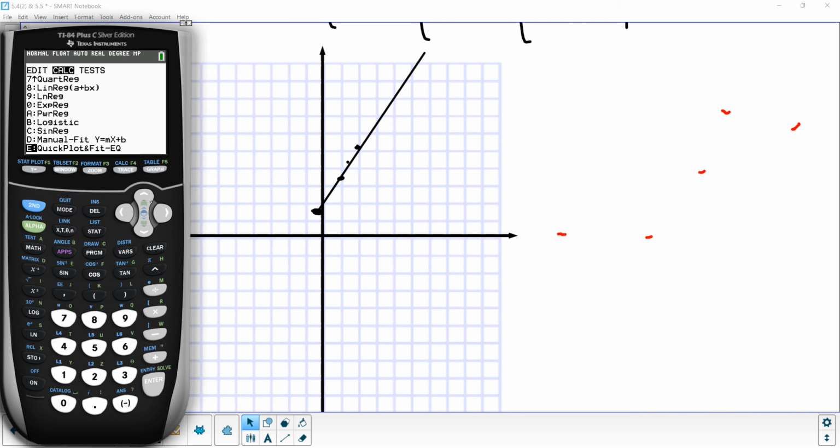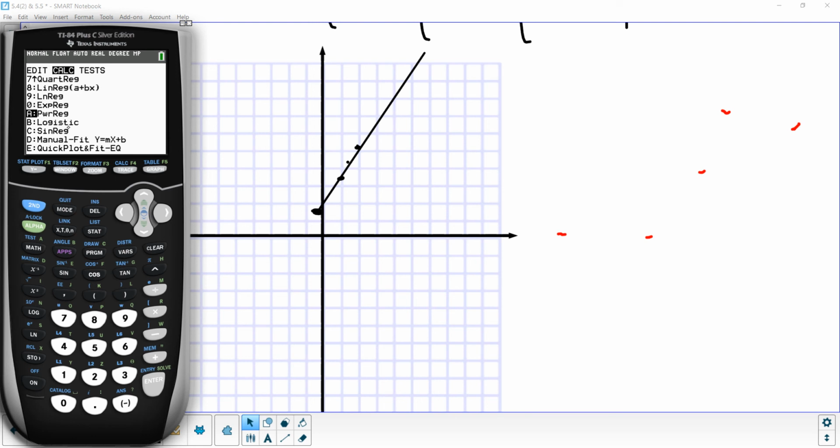On my calculator, it's option A. It's called a power regression. That's what we're finding. A regression is a calculation that fits a curve to data. We want to fit a power curve to data.